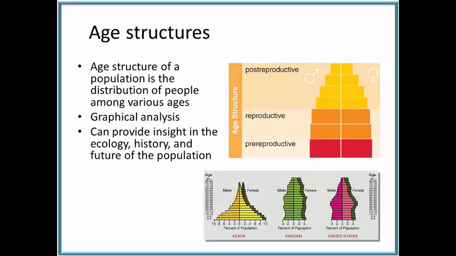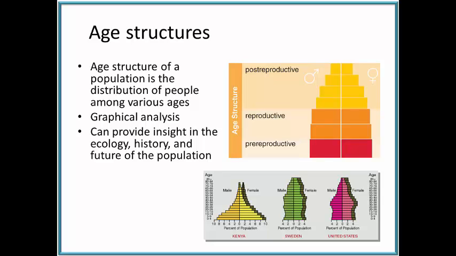Finally, the United States, we see that there's a sort of bulge in the center, so there's going to be some reproduction taking place, and then the rest of them are pretty much uniform, indicating what would be almost a stable population. So we have Kenya, a rapidly growing population, the United States, close to, or at least slowing down.